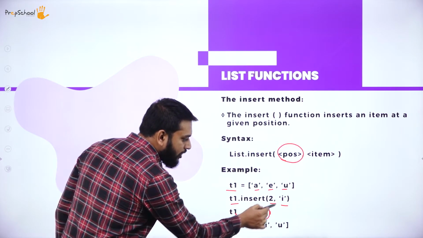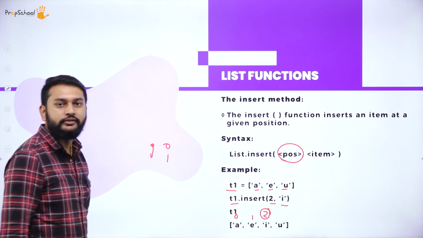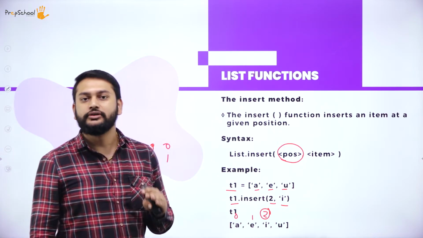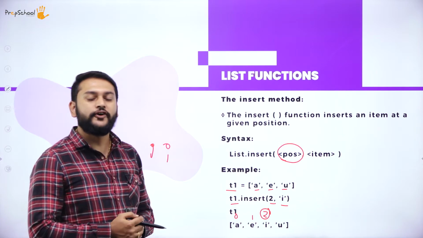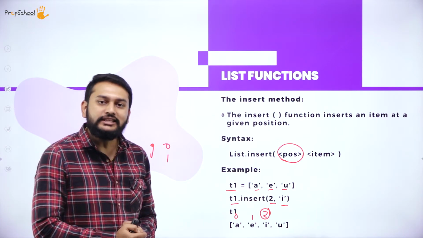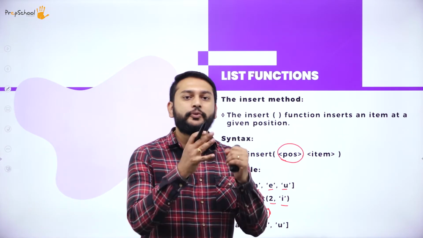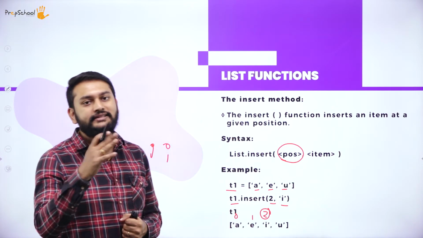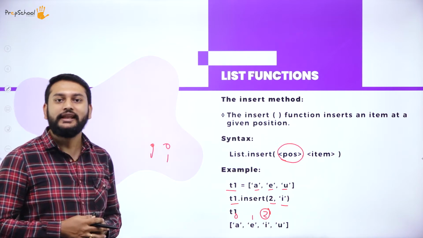In this location, I want to place this I. You got my point? This is how the insert operation works. This function helps me insert a particular value at a particular location. This is how I will be performing the insert operation with respect to the list.